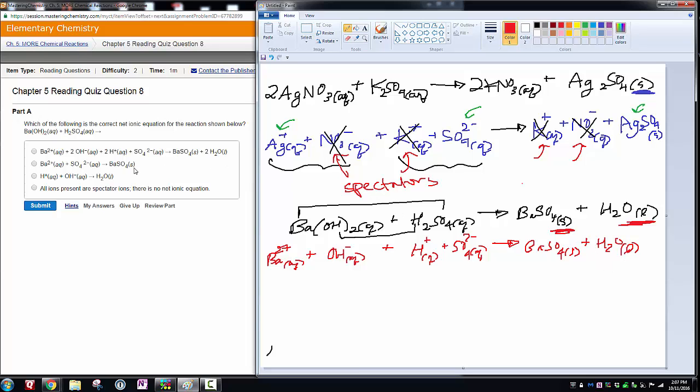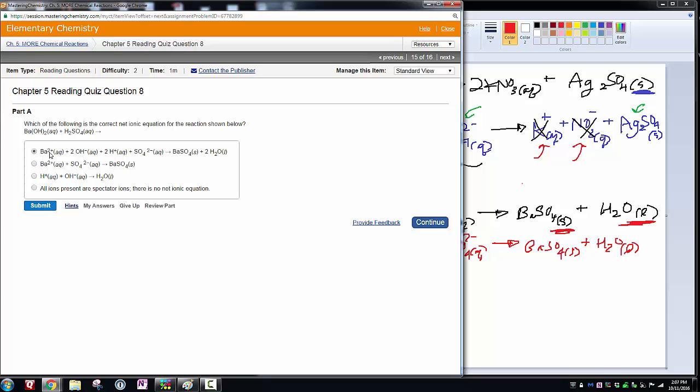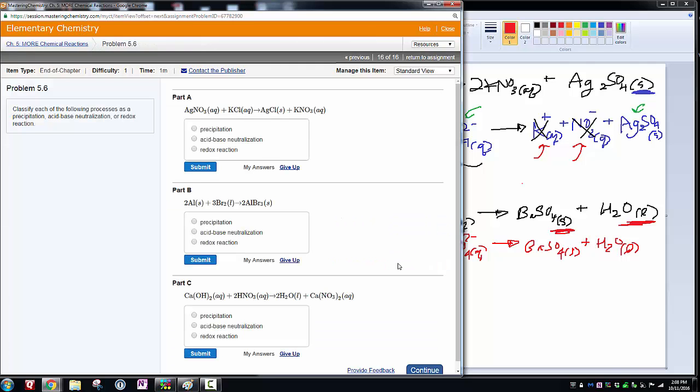All right, so that's it, the whole thing. Now I was showing everything as individual ions, and they've included the coefficients to make sure that's still balanced. This ion and this ion are in one solution, and you combine them with another solution which contains these two ions, and we get both a solid precipitate and a liquid. That is it.